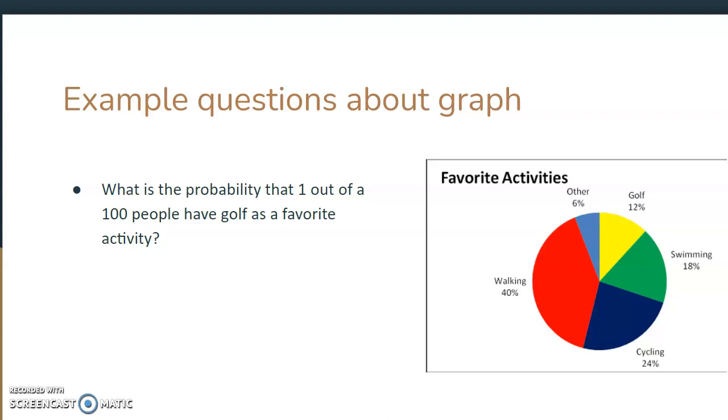What is my percentage that that person would like golf? Well, I have to look at my graph. We see that golf is the favorite activity 12% of the time. So our probability is 12%, or 12 out of 100. So I have a 12% chance that if I ask someone, they say golf is their favorite.